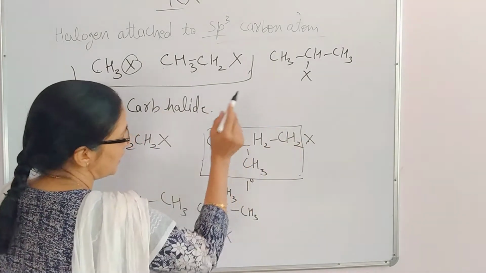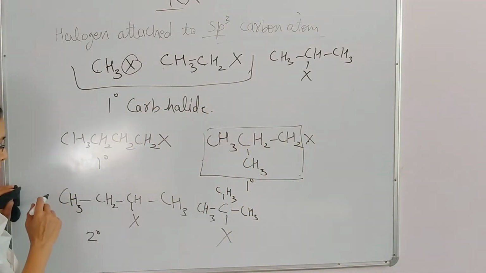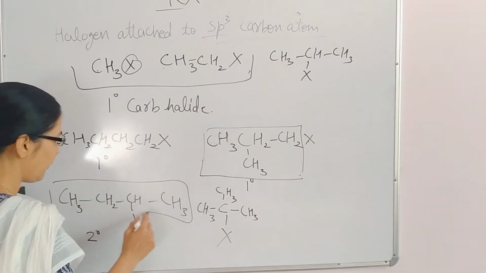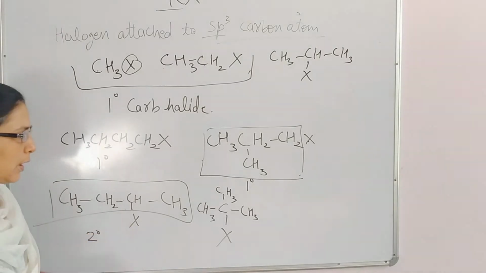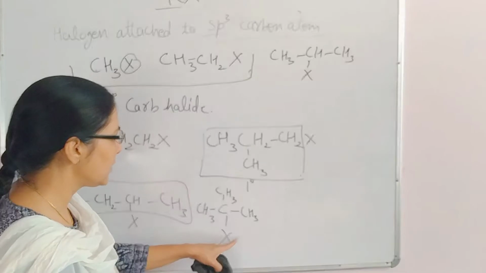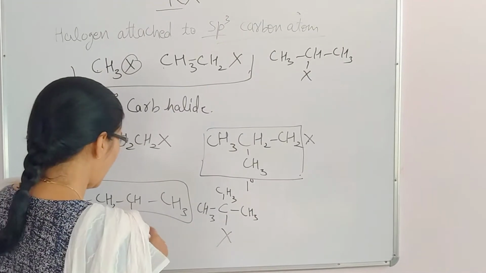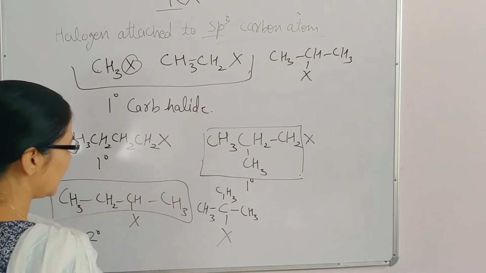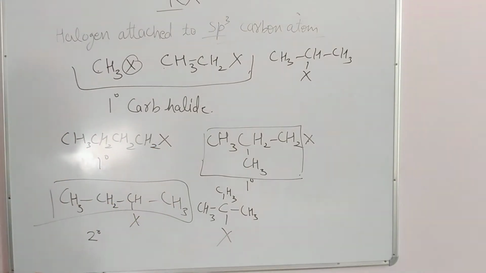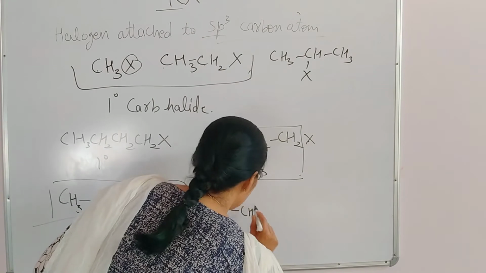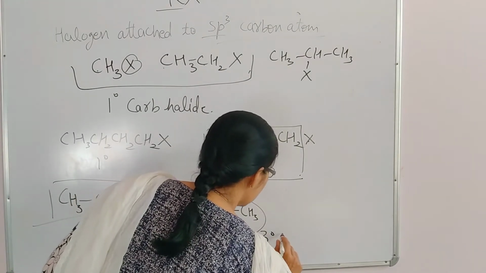Isobutyl halide is 1 degree. And this one is known as secondary butyl group, so secondary butyl halide. And this one is known as tertiary butyl group, tertiary butyl halide. X stands for halogen here. So 1 degree, 2 degree and 3 degree haloalkane you have to understand.